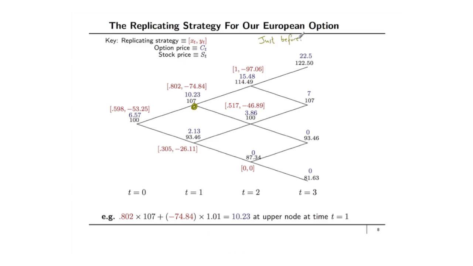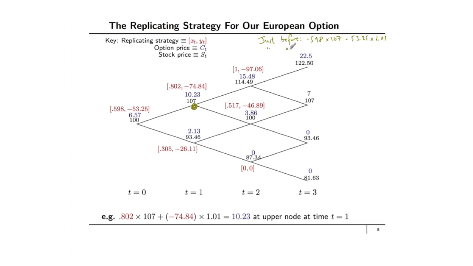Well, just before trading, we're holding 0.598 units of stock, and the stock is worth 107. And we are short 53.25 times the cash account, which is worth 1.01 at that node. So this is the value of the portfolio just before trading at this node.